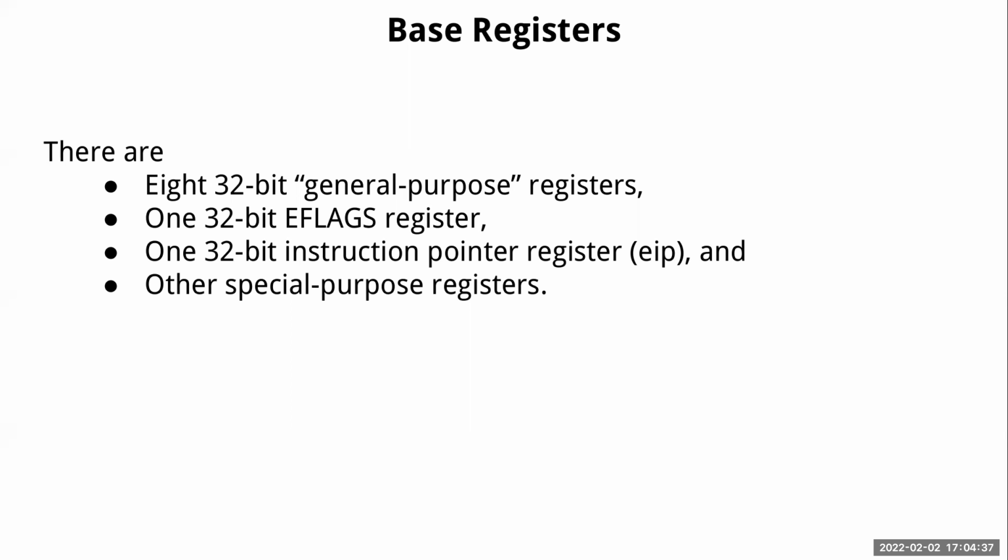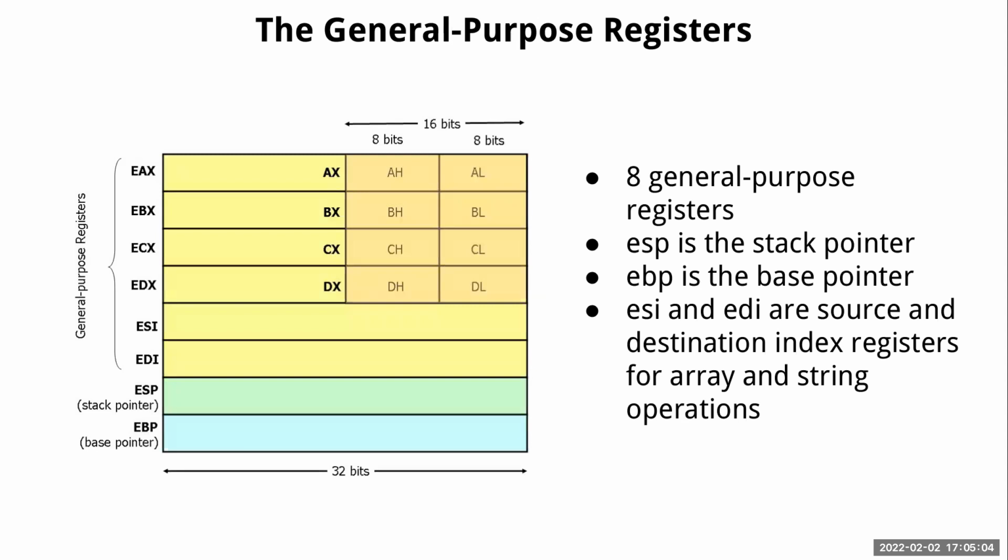There's another special register called the program counter, or instruction pointer register, EIP. This is also 32-bit. This register stores the address of the next instruction to be executed. Like I said, there are many other special system registers, but we are not going to use them very often.